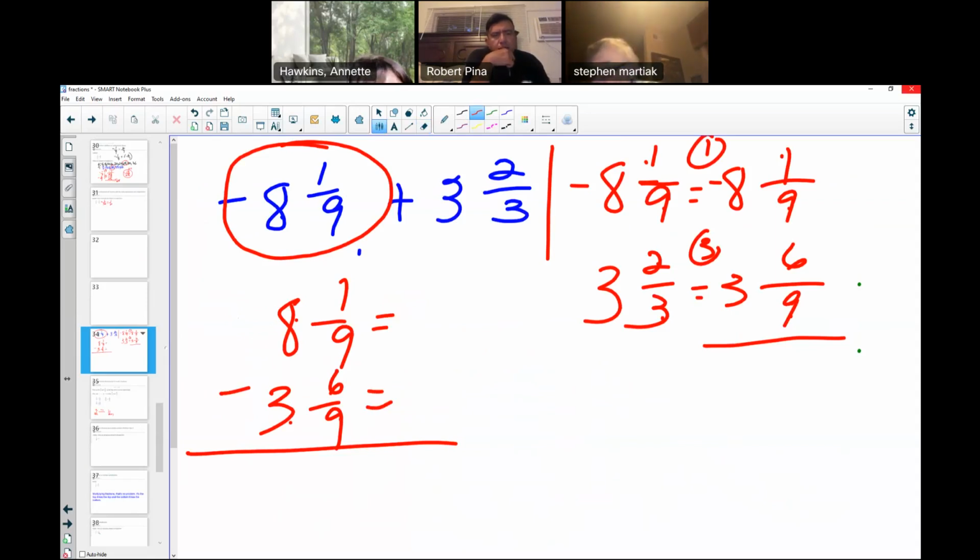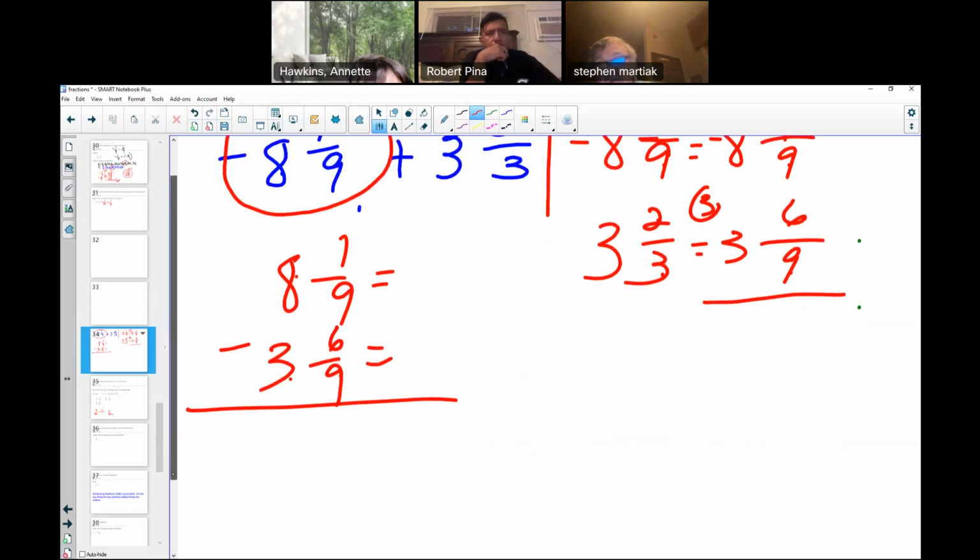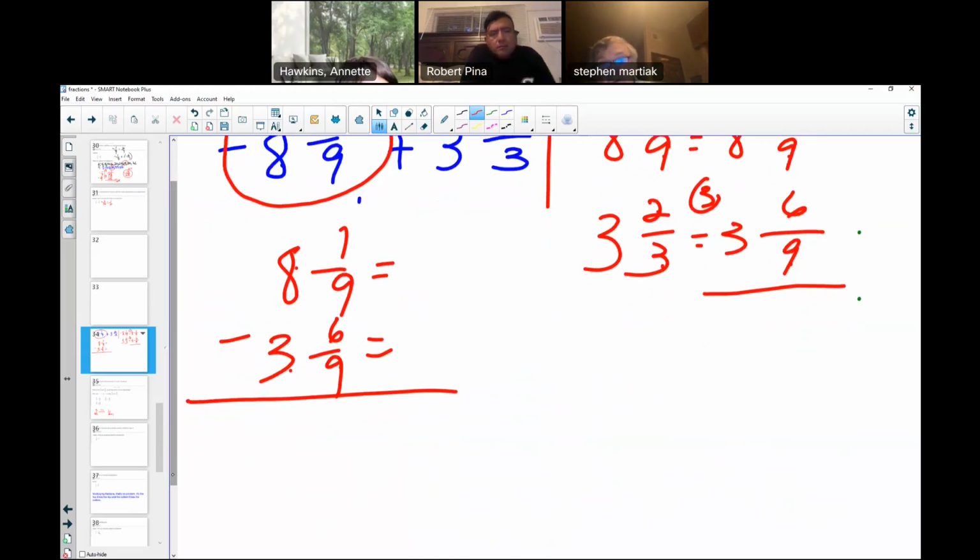Okay, let me show you what you can do. Students do different things. This is just like having money and you need some change. The money that we're dealing with is ninths. I only have 1 of this, but I need to take away 6. Since I'm dealing with ninths, I have to get a whole. So I take a whole from the 8, that leaves 7.